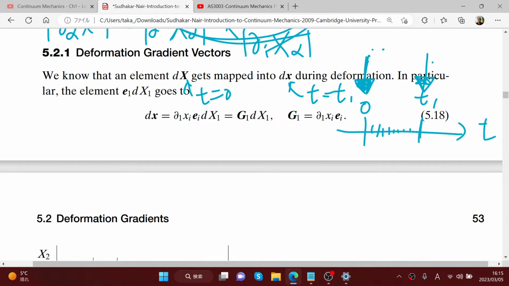Then dx can be expanded like this, and G1 is like this. Okay.